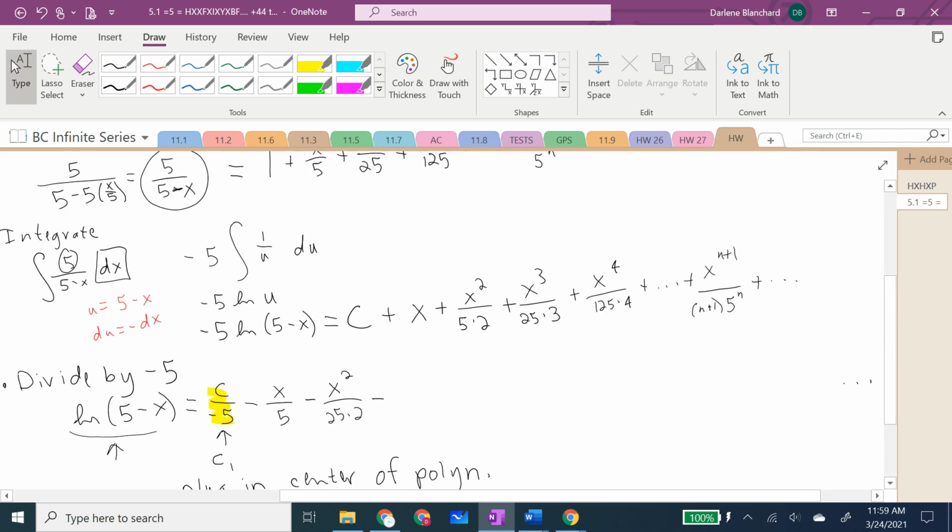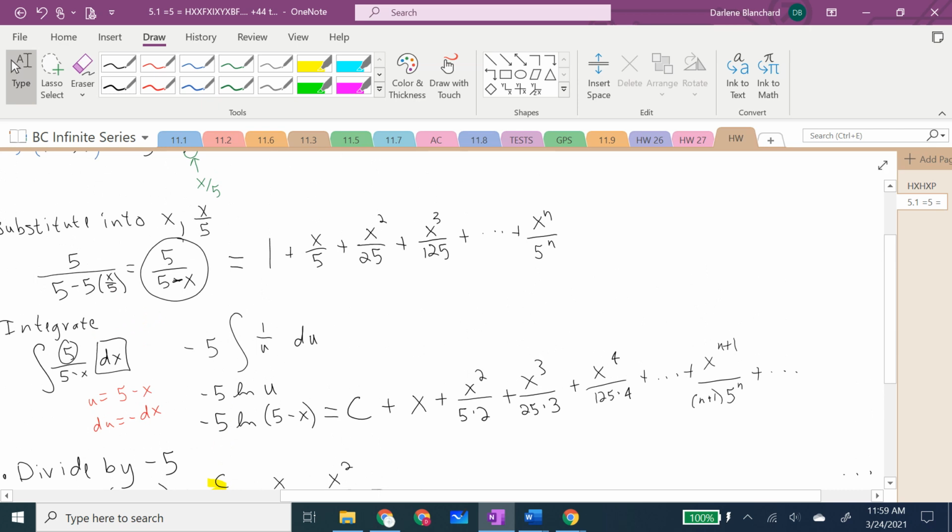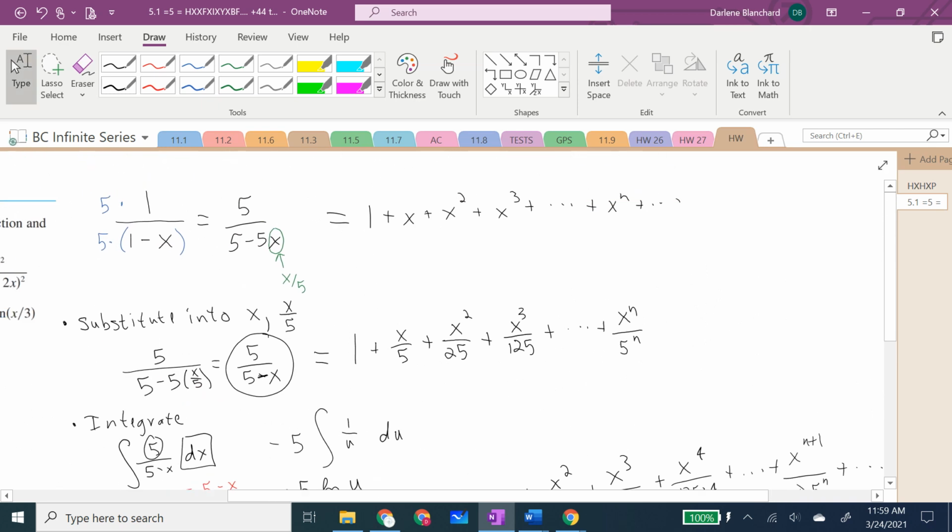You can be aware at the same time, or instead of that, that for the original series, the interval of convergence is -1 to 1, not including endpoints. When I substitute in that x over 5, that makes my r for a geometric series be x over 5.